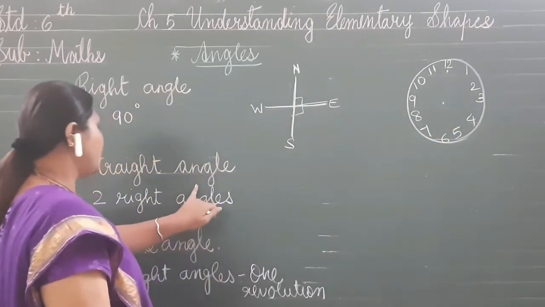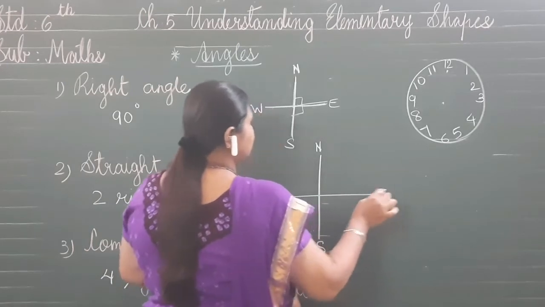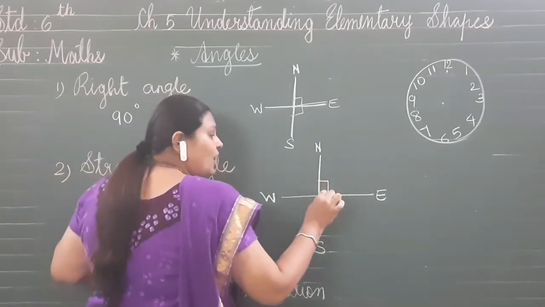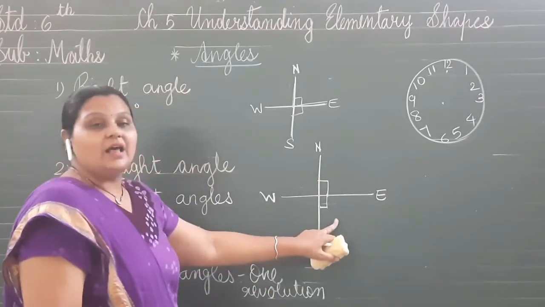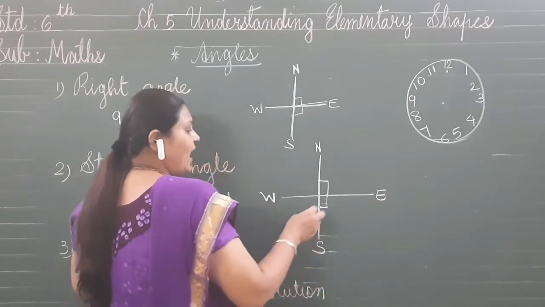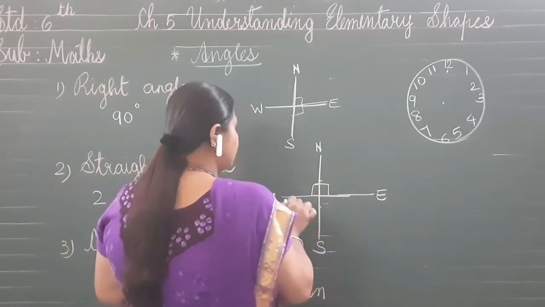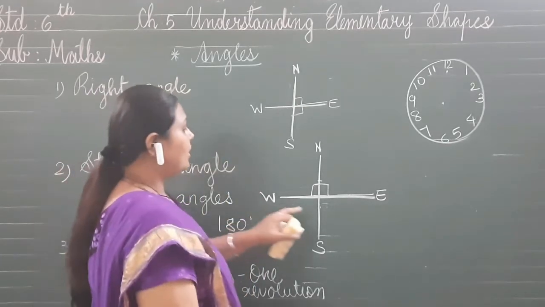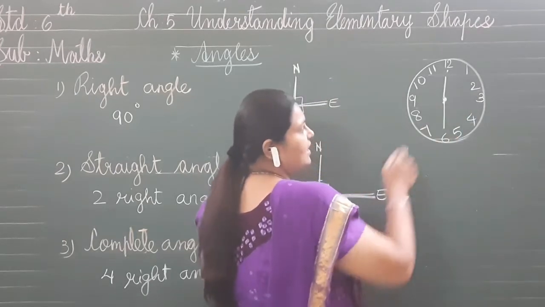Second is the straight angle. In the same way, if I draw the directions in a straight angle, whenever I want to go north to south, I get a straight line. In a clock, this is 12 to 6, 180 degrees.